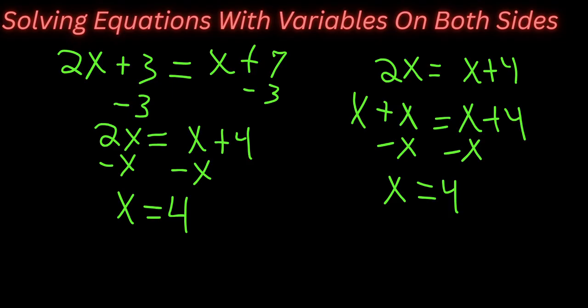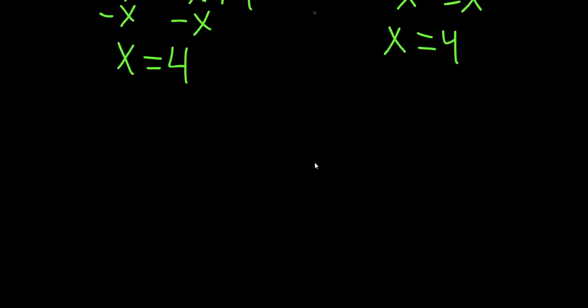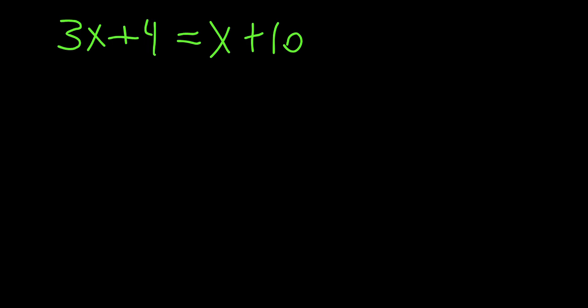So, as we just discussed, the goal is still to isolate the variables on one side. So let's work through another example. 3x plus 4 equals x plus 10. Now, this is where approaching these problems correctly or in the most efficient way becomes more and more important.